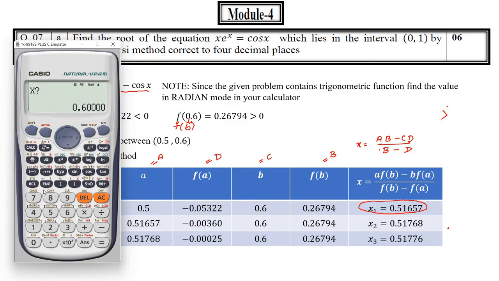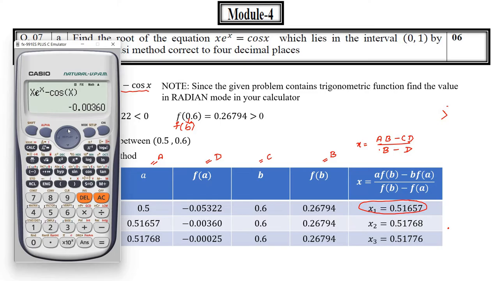Press CALC and press answer, then press equal to. So you got the answer as minus 0.00360. So the value of A has been changed now, so I am just replacing those values. See here, I have just replaced those values.